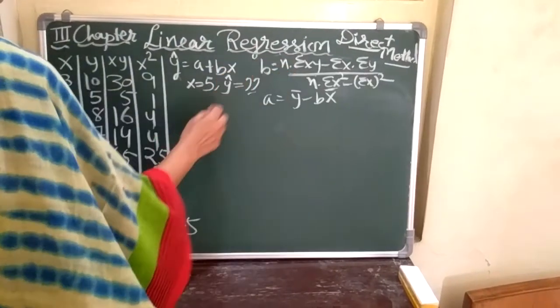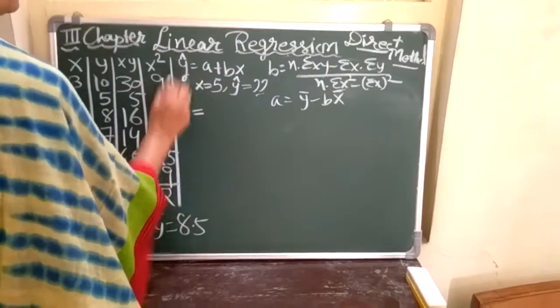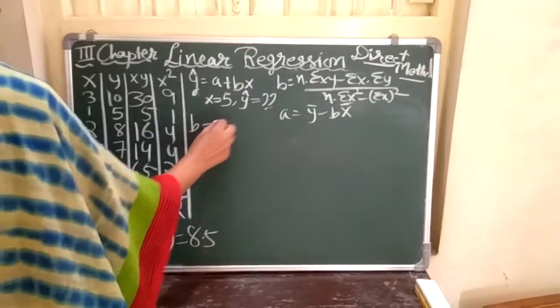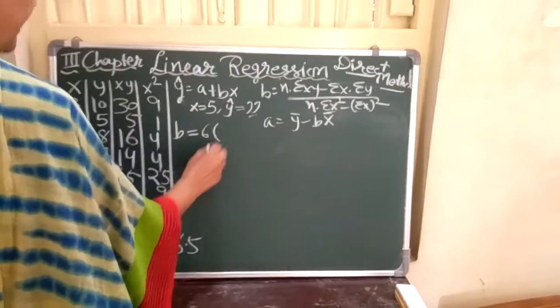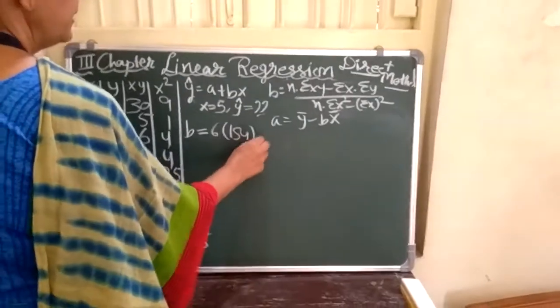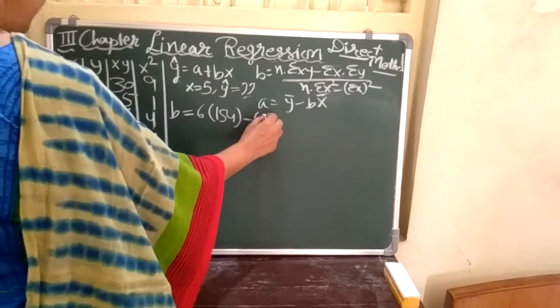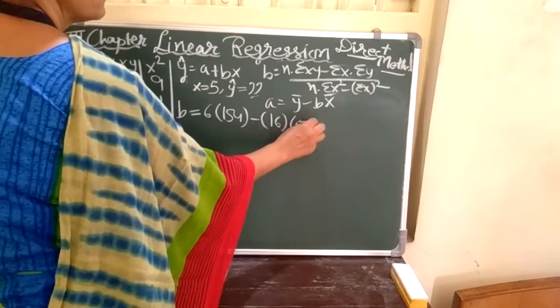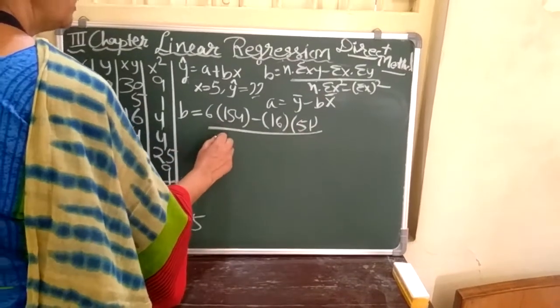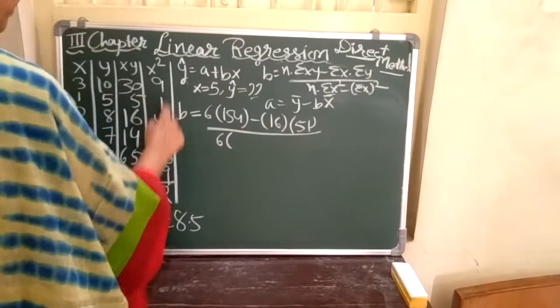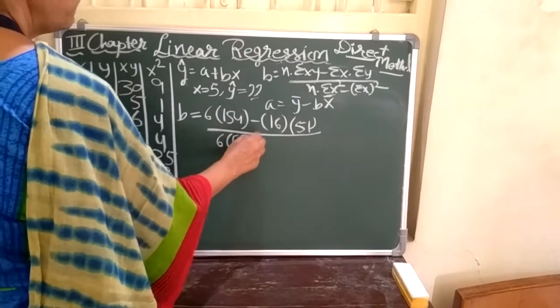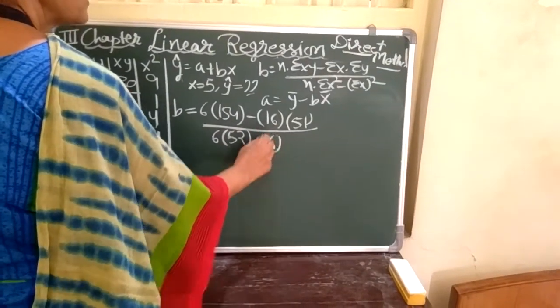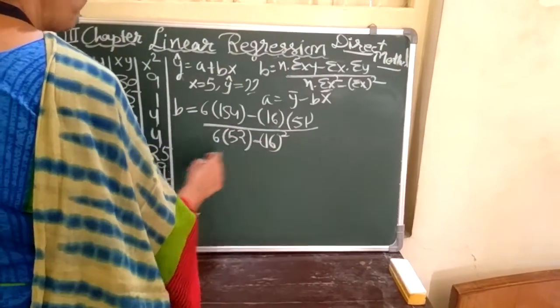Now put the values in the formula of B. Now n is 6, sigma xy is 154, minus sigma x, that is 16, times sigma y, which is 51, upon 6 into sigma x square, which is 52, minus 16 whole square.